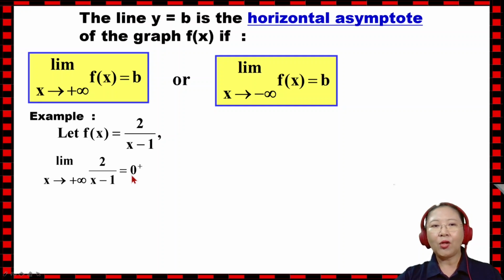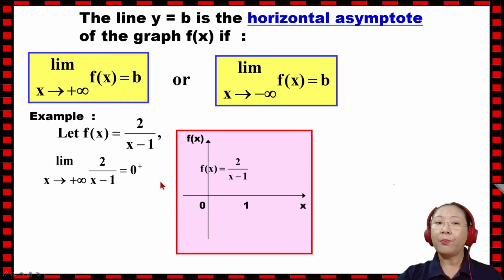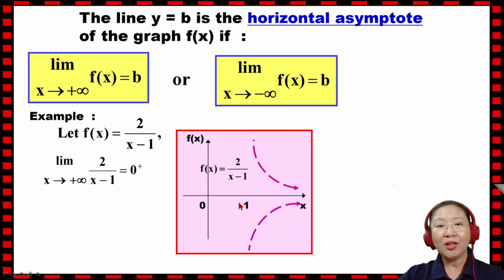But then here I wrote 0 plus. 0 plus means, you see, when I wanted to fill in x moving to positive infinity, I actually have my arrows can be at these two. Both of them also can. But then I have to confirm whether the arrow should be the top one or the bottom one.